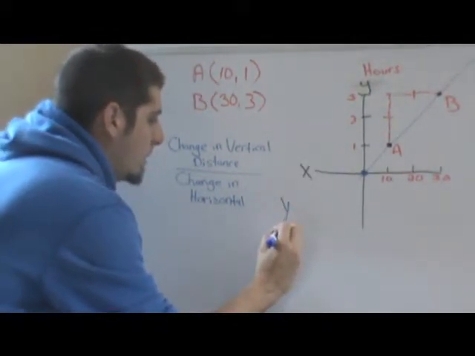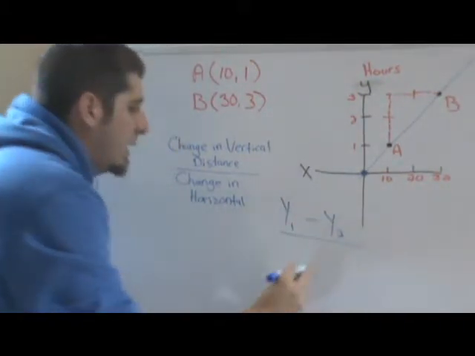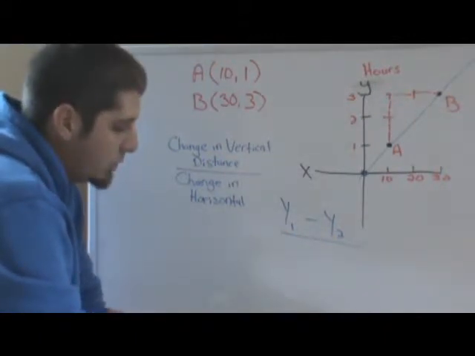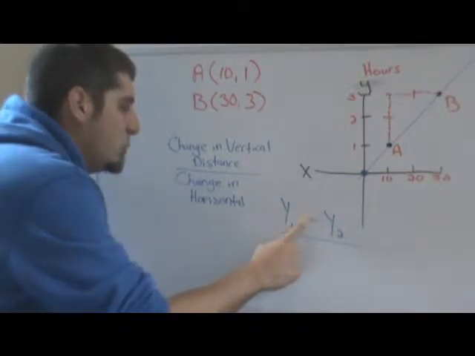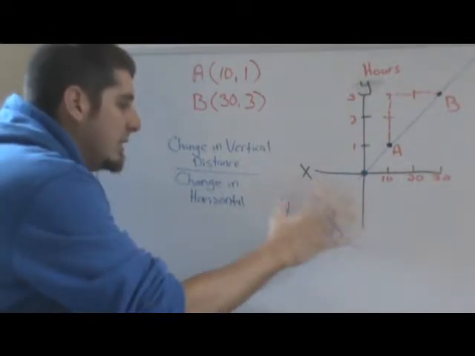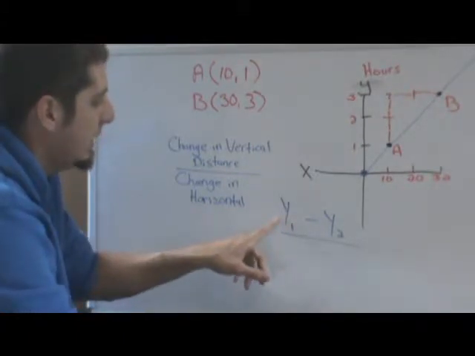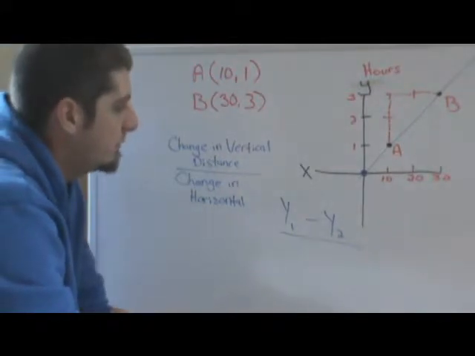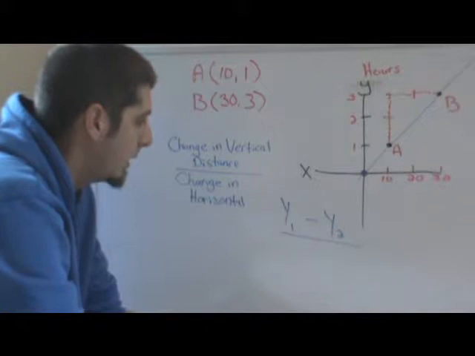y1 minus y2. Okay? Now these little numbers down here, this 1 and the 2, they don't actually mean anything other than a label. Because I have two y's in the same equation or formula, all this 1 is telling me is that this y is different from this y. They're not the same thing. Normally with variables, if you see two y's, that means both those y's represent the same number.